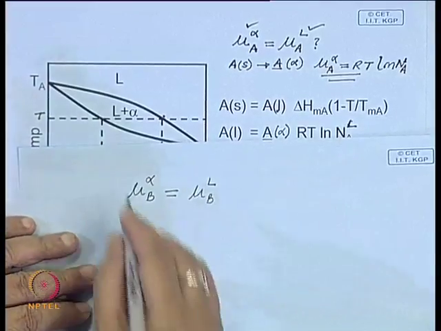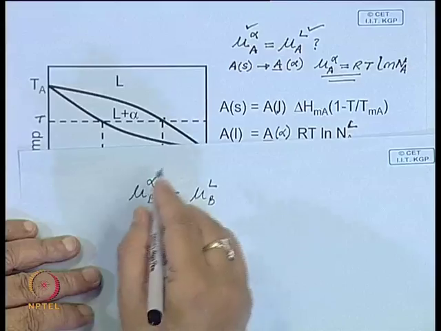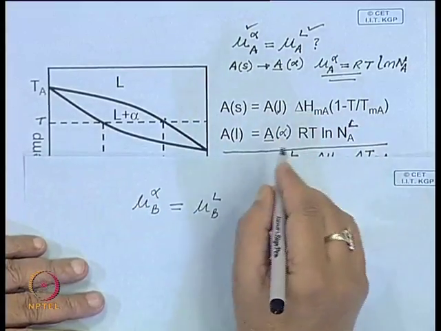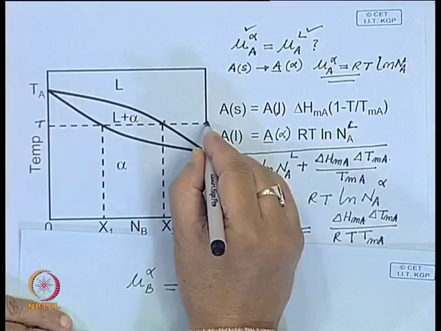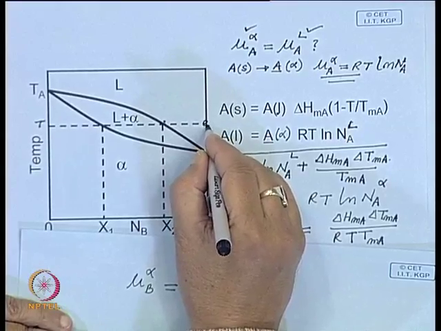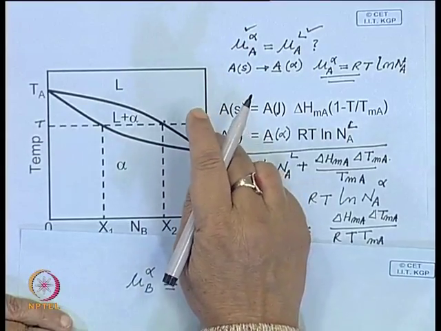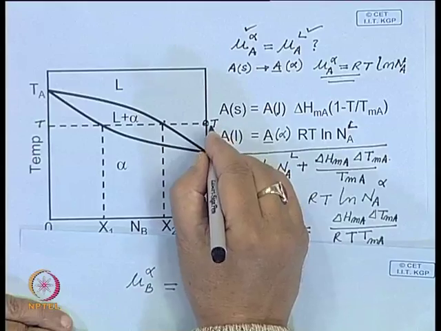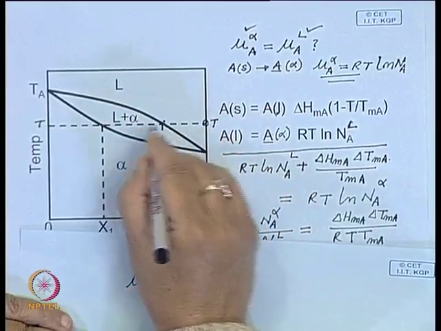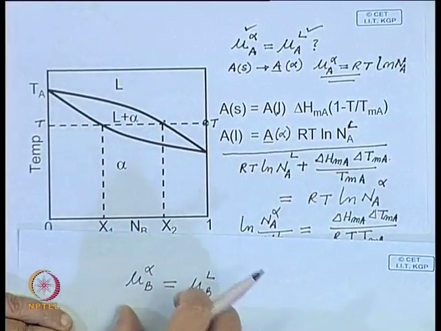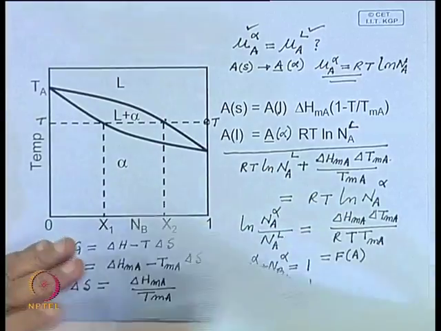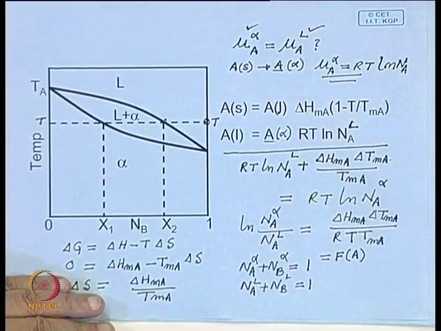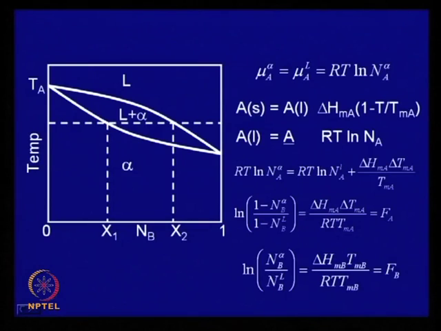In this case you also have to select the appropriate standard state in the same way, and here you should select pure B liquid at T as the standard state. With the same standard state you equate and formulate this equation, and if you solve you will get the equation which is shown here.